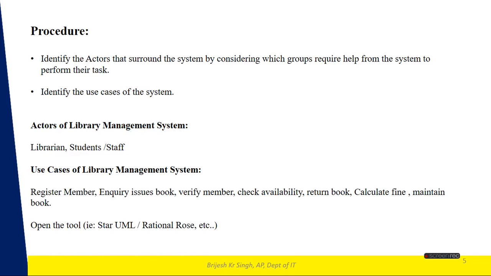The procedure to draw a use case diagram: the first point is to identify the actors that surround the system by considering which groups require help from the system to perform their task. After actor identification, we need to identify the use cases.